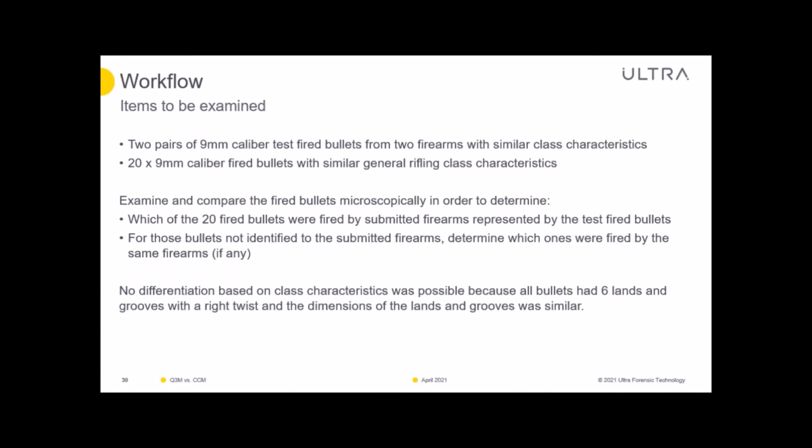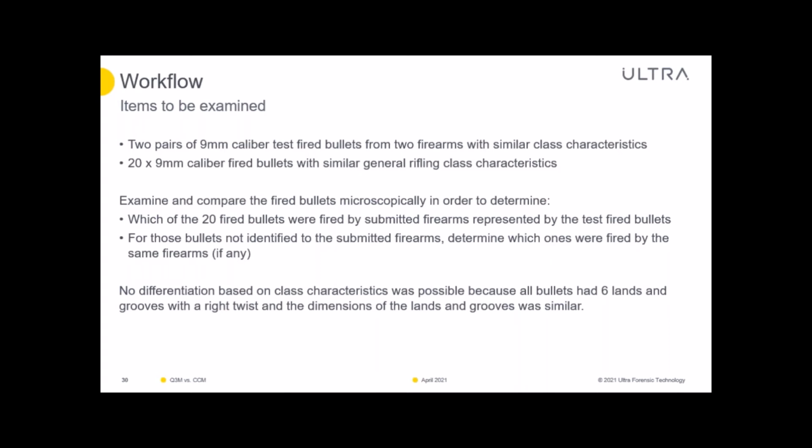My workflow is as follows. The items that I examined were the same that Andy and Ron mentioned. It's two pairs of test-fired bullets from two firearms with similar class characteristics, 9mm caliber bullets with similar general rifling characteristics.